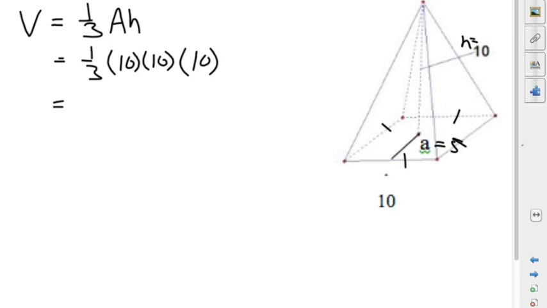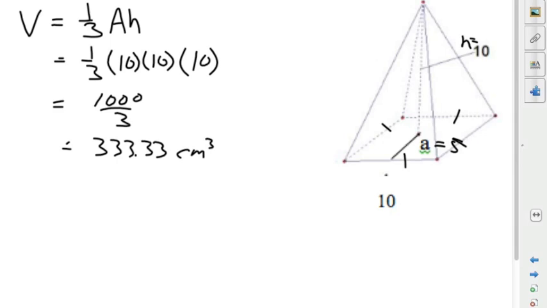So here we got 1,000 over 3. So what's that? 333.33 centimeters cubed.